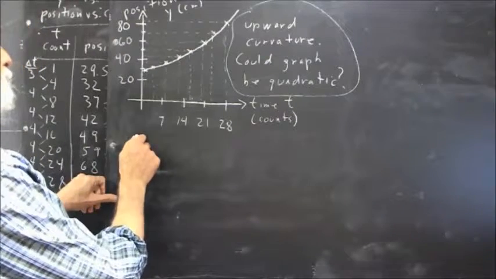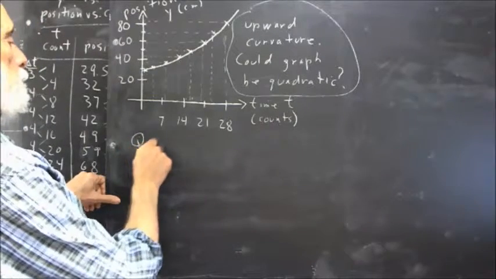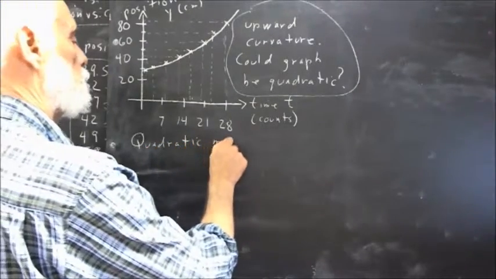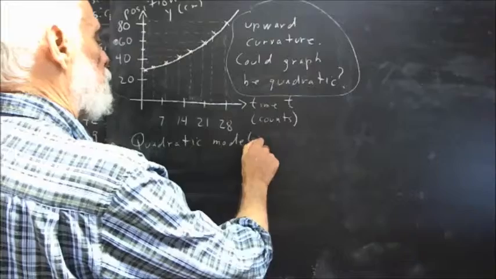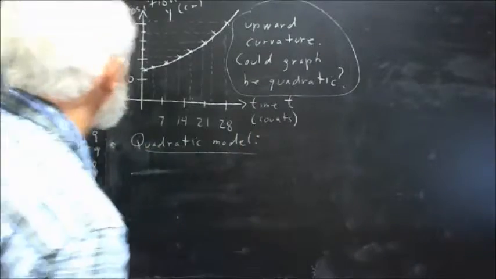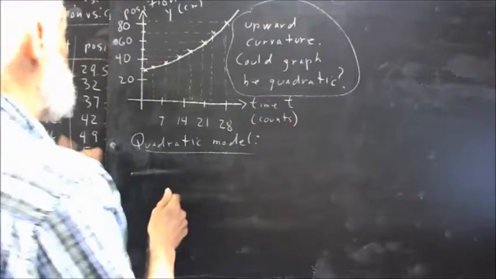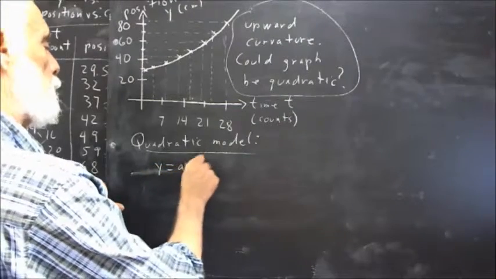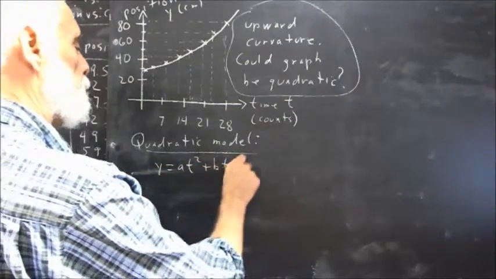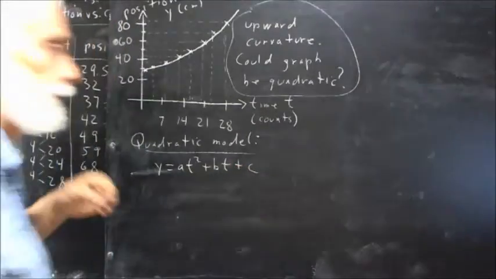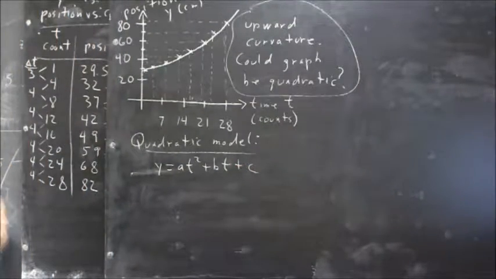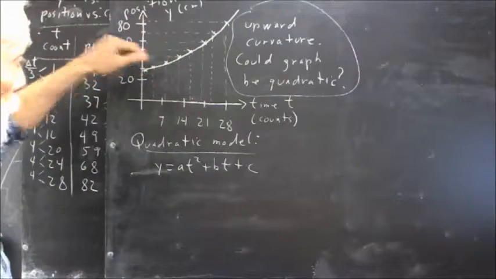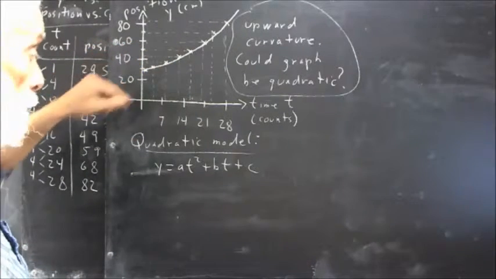Okay, well, our quadratic model is going to be y equals a t squared plus b t plus c. Now there's reason to believe that the velocity was 0 right here at the beginning point, at t equals 0.